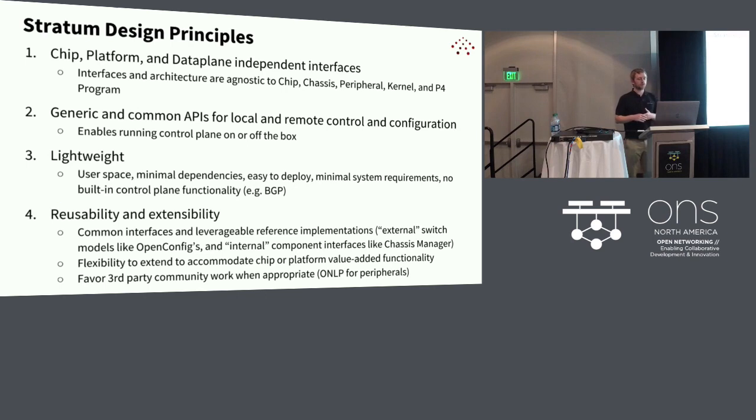The architecture is flexible enough to accommodate new chips and new platforms and the features or value that they want to add, but not so open that there's going to be wide deviations from platform to platform. And then in general, the Stratum community has adopted an approach where we prefer third-party work when it's applicable or appropriate. For example, for ONL, for the peripherals, we tend to prefer Open Network Linux Peripheral API, or ONLP.